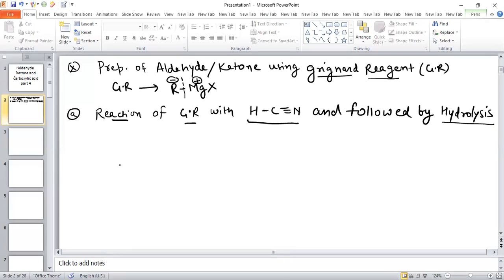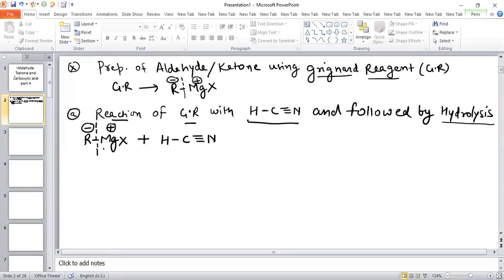Basically, when we add Grignard reagent like RMgX, this is a carbon-magnesium bond. Magnesium is more electropositive, therefore there is a positive charge on magnesium and a negative charge on carbon. Now the reaction of Grignard reagent with HCN, this is HC triple bond N.